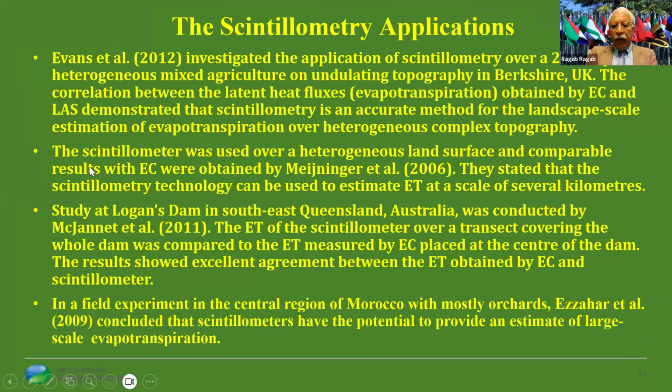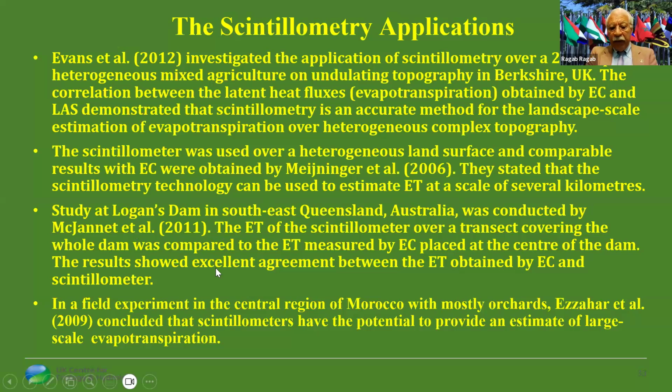The scintillometer was also used by other scientists, and they also found that scintillometry technology can be used to estimate ET at a scale of several kilometers. In a study at Logan Dam, they also found that ET over the dam, when compared with the Eddy Covariance placed at the center of the dam, matched.